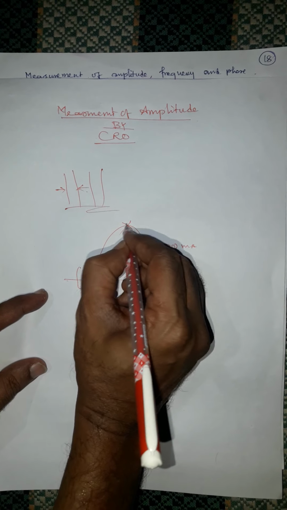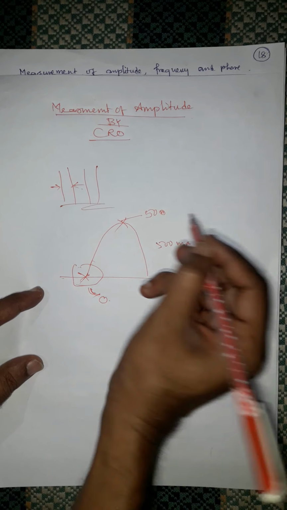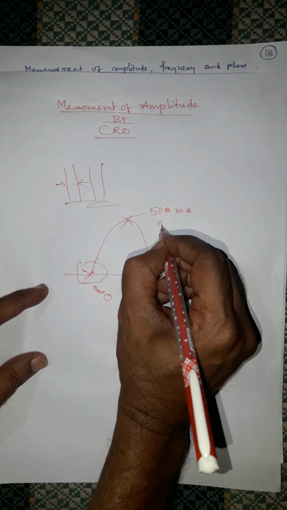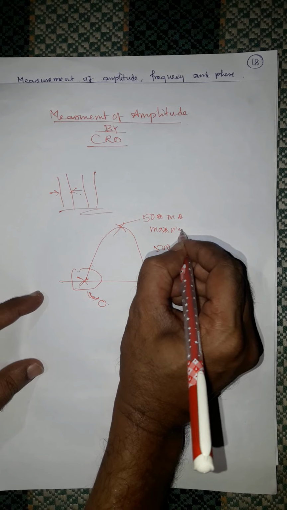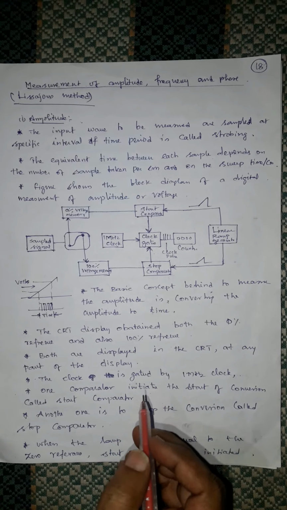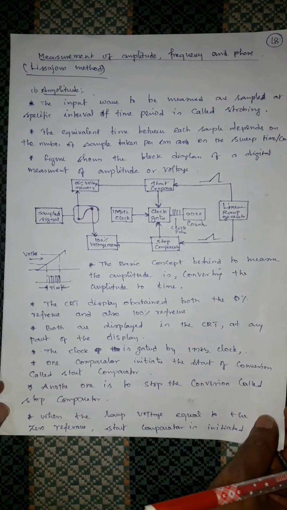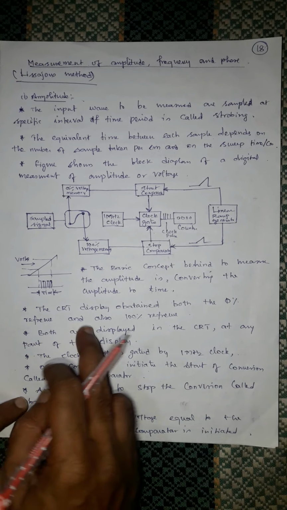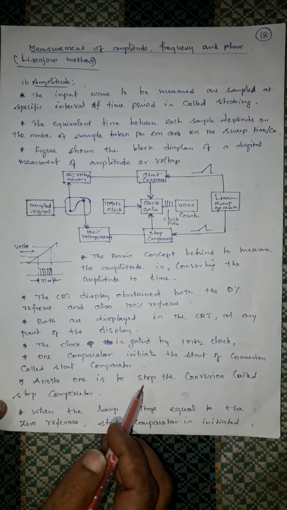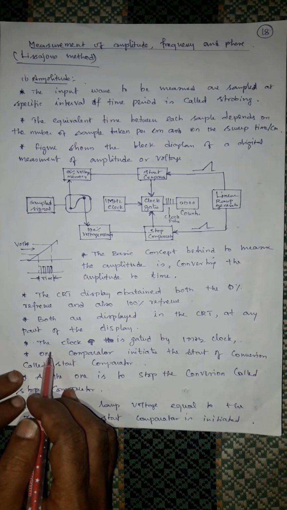This portion is 500 milliamps, that is your maximum reference. That is the CRT display obtained with both 0% reference and 100% reference. Both are displayed in the CRT at any part of the display.